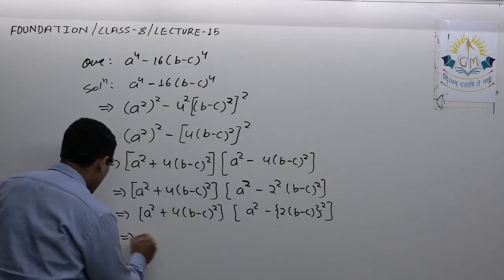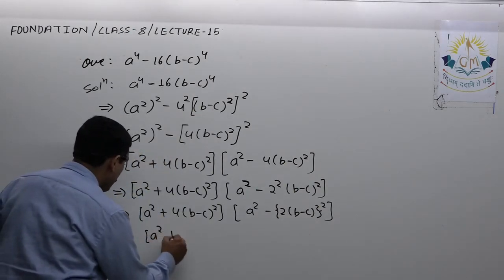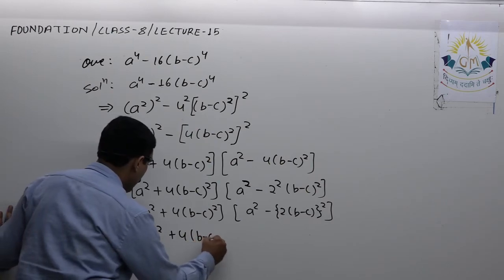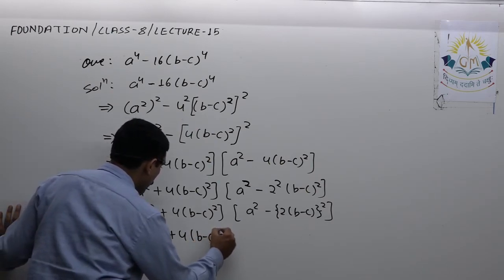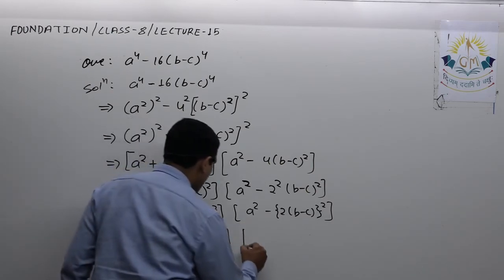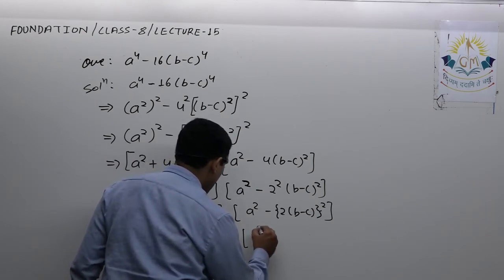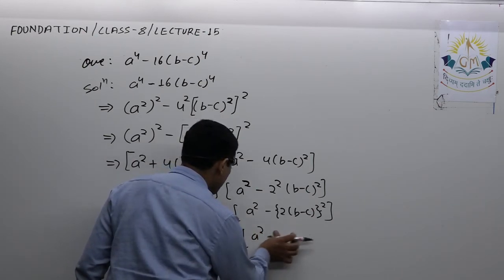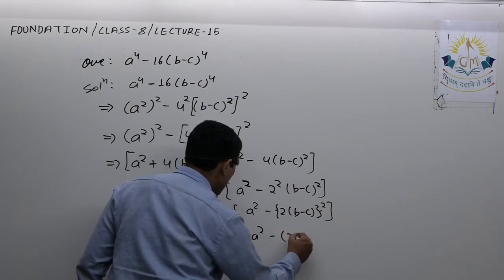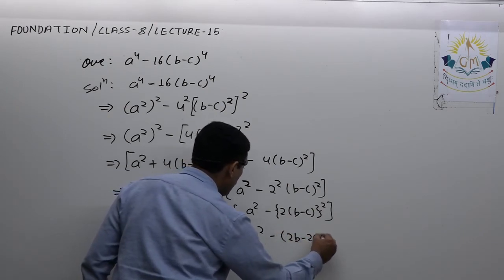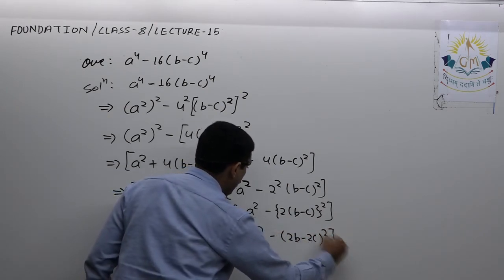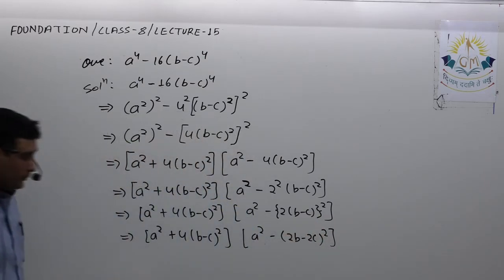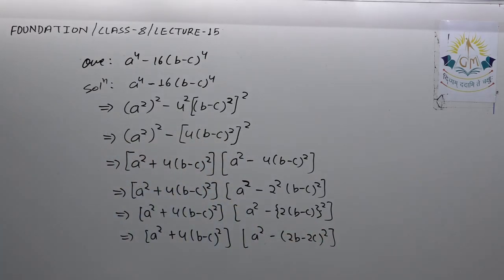So here I write this as it is, a square plus 4 b minus c whole square, and over here I write a square minus 2b minus 2c whole square. Okay, so note it down up to this point, then we'll see its solution further.